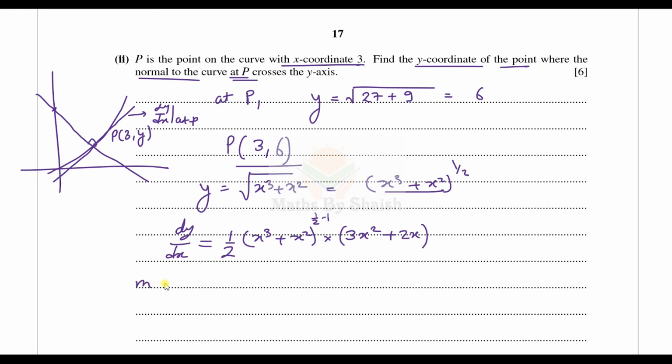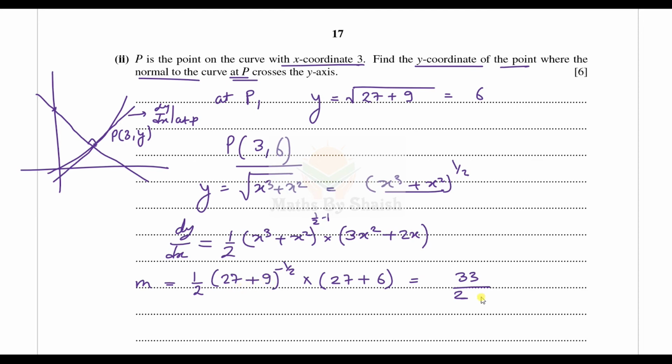At P, that is at x equal to 3, we get 1 over 2 times (27 plus 9) to the power 1 by 2 minus 1, that is minus 1 by 2, multiplied by 3x squared plus 2x. So 3 into 3 squared, 9 into 3 is 27, plus 3 into 2 is 6, which becomes 33 over 2, and 27 plus 9 is 36 in the denominator with power 1 by 2, so root of 36 is 6.